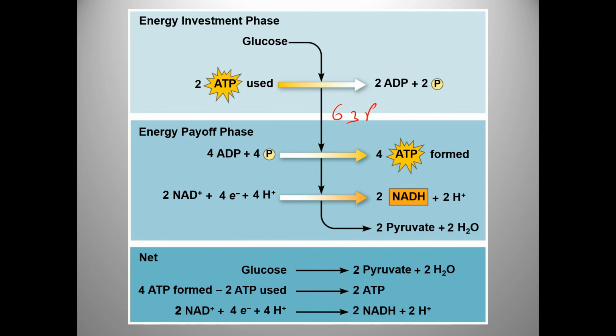It's kind of a transition between the energy investment and the energy payoff or harvesting phase. Now this G3P is converted to pyruvate, where you transfer the phosphate groups to ADP to form ATP, and you transfer electrons to NAD+ to form NADH.